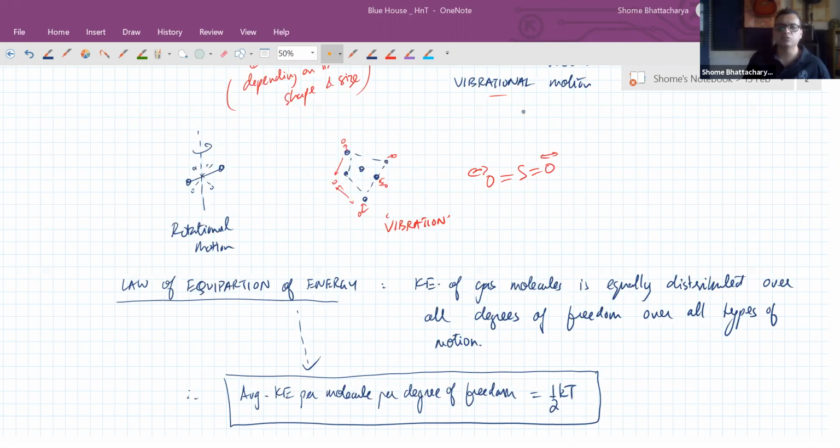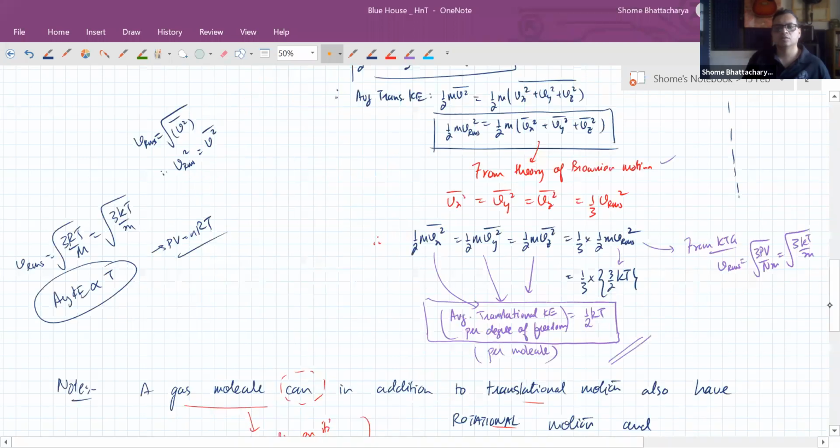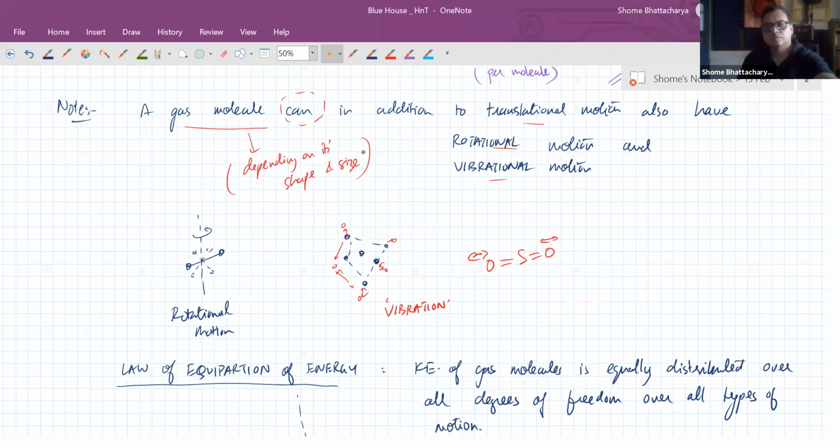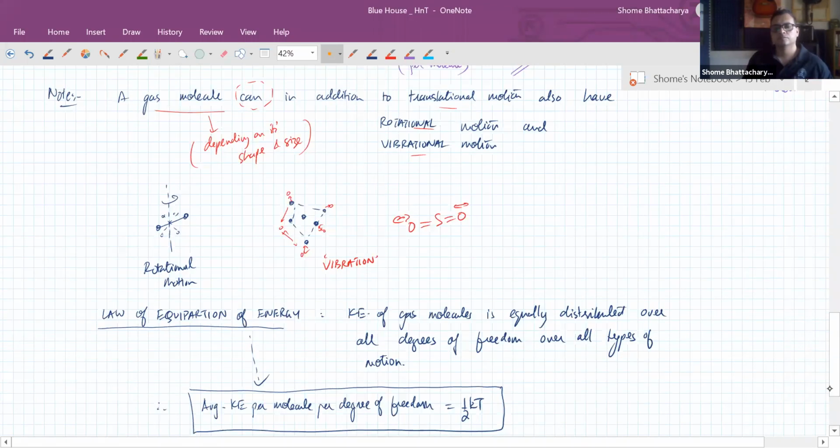Now I'm saying it's general for all types of motion, so it is equally partitioned. Earlier we had written average translational kinetic energy per molecule per degree of freedom. When I show you examples, you'll understand what is meant by degrees of freedom for different types of motion. Just note this down first.